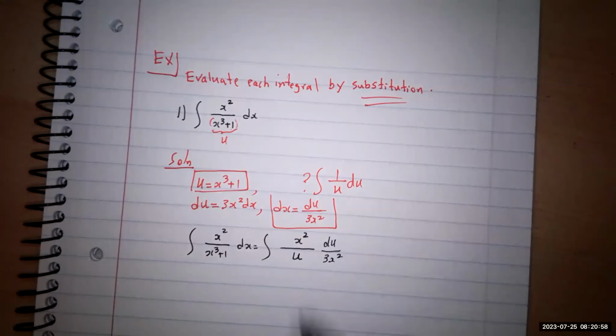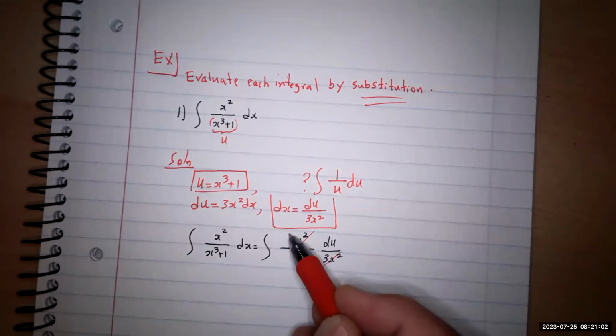Now you simplify. x squared and x squared cancel out. The top leftover is 1, the bottom is 3, so there is a leftover of 1/3. You pull out the 1/3. That gives you 1/3 integral of 1/u du, as we targeted.